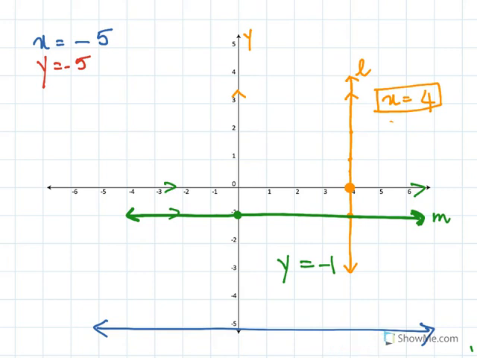This is not x equal to -5, this would be y equal to -5. Now x equal to -5 would be parallel to the y-axis, so this would be x equal to -5.